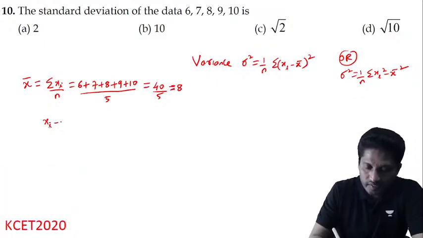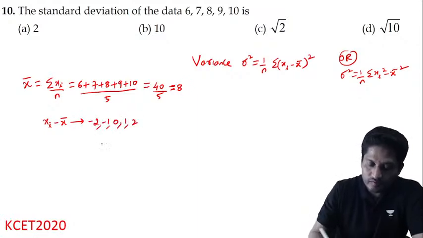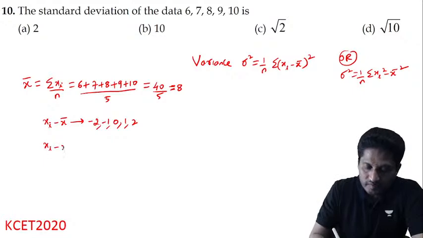Xi minus x bar, if I subtract the values: 6 minus 8 is minus 2, then minus 1, 0, plus 1, plus 2. Xi minus x bar the whole square will be 4, 1, 0, 1 and 4.